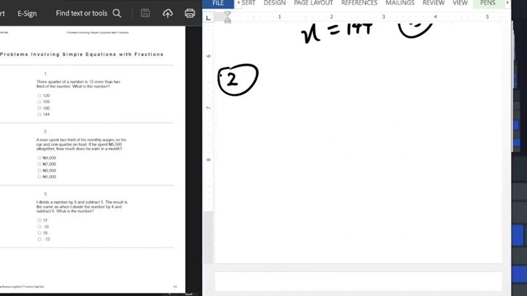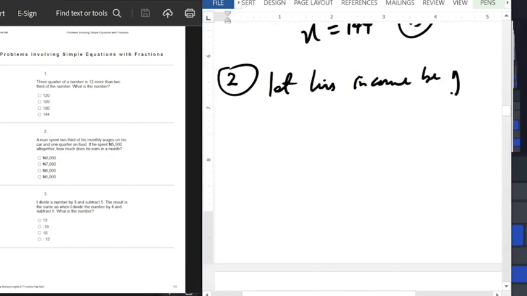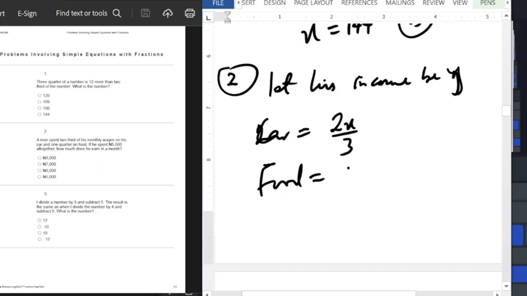So let the man's monthly income be x. He spent 2/3 on car, that is 2x over 3, and 1/4 on food, that is x over 4 on food.